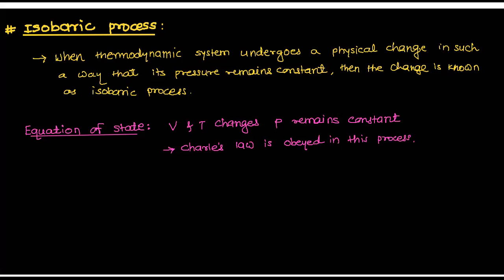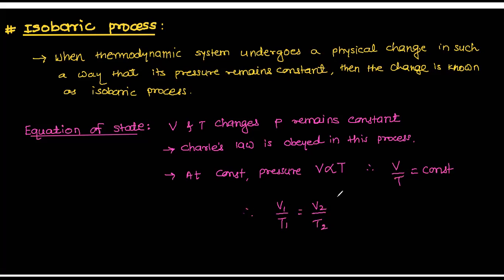What is Charles' law? You know, at constant pressure, V is proportional to T, and therefore V by T is equal to constant, and therefore V1 by T1 is equal to V2 by T2 is equal to so on, always constant.